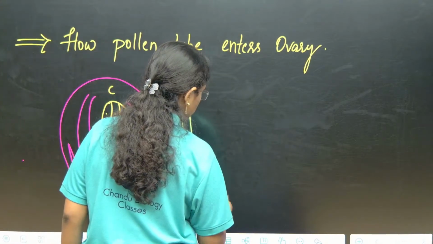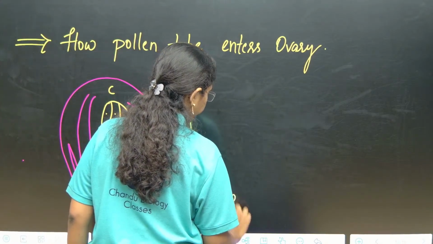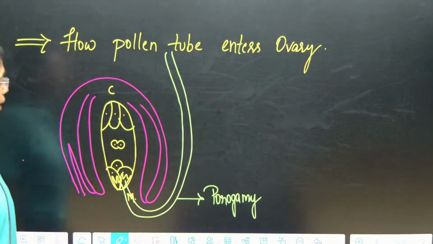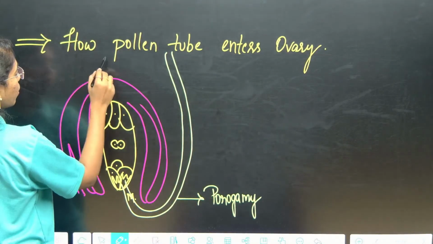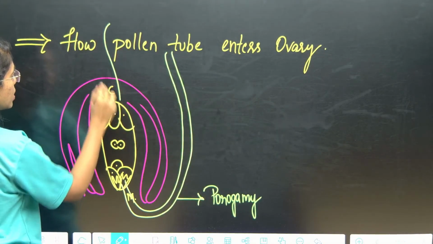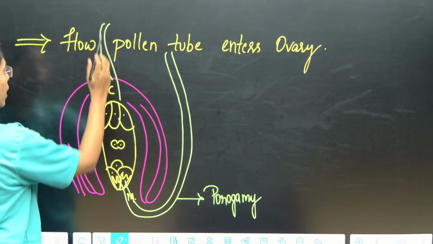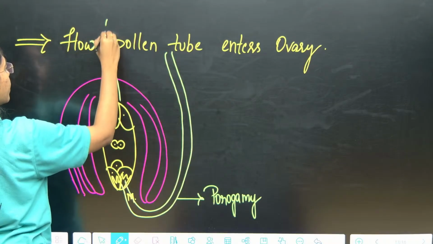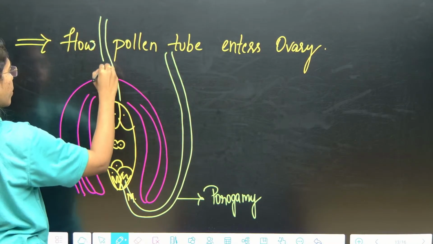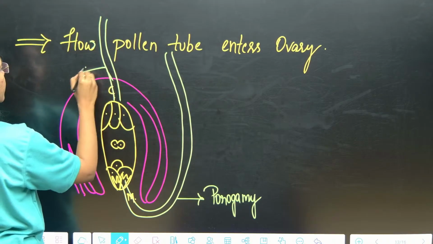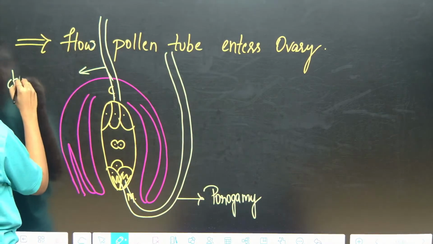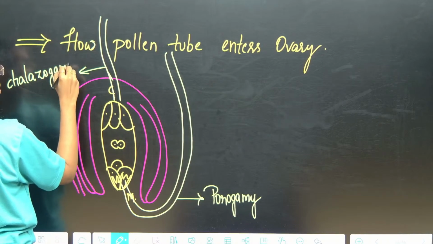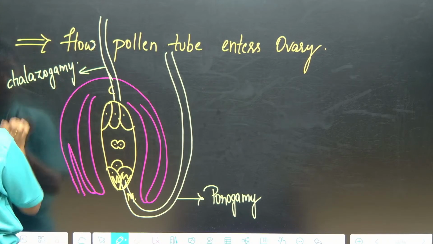This is addressed as porogamy. Fine. This is addressed as what? Porogamy. If the pollen tube is coming from the chalazal end to the ovule, this is addressed as chalazogamy. Chalazogamy, the example is what?